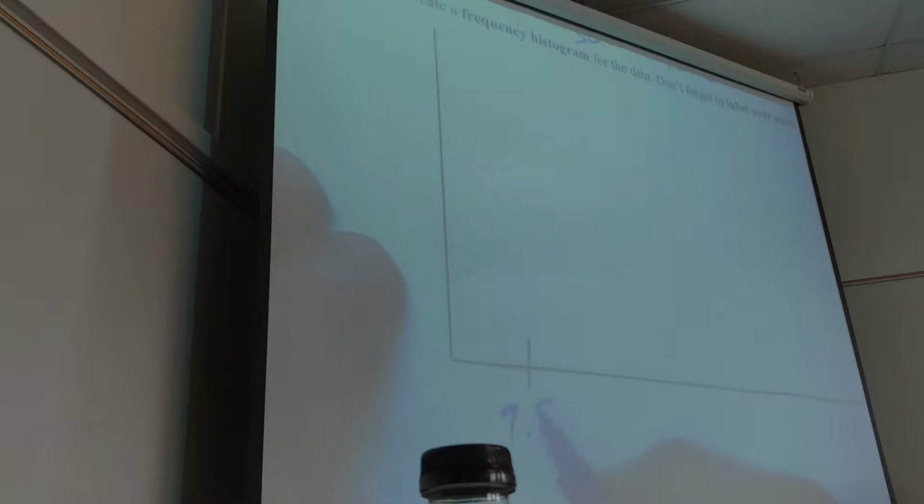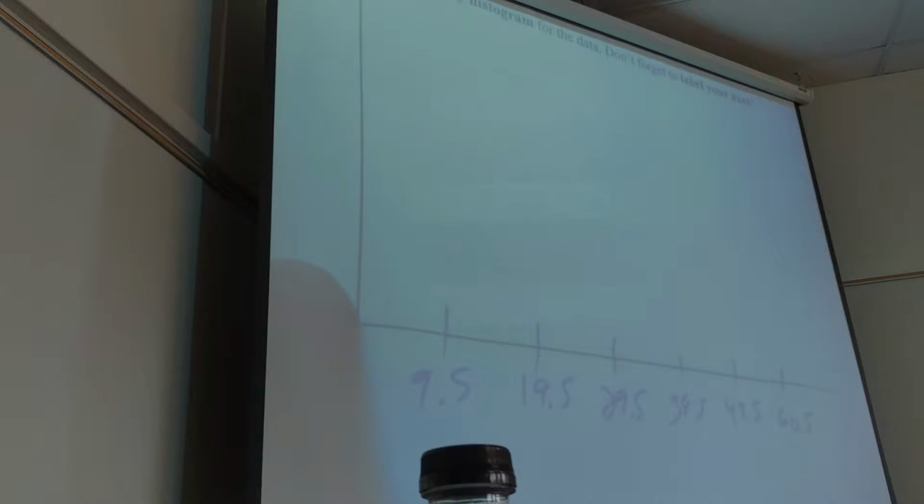They just keep going by 10. The last one is going to be 60.5 because we have to do that little bump up just to pull 60 in. Let me stop there for a second. Is everybody sort of with me so far? This is not very high-level mathematics. It's just getting used to how it's put together.